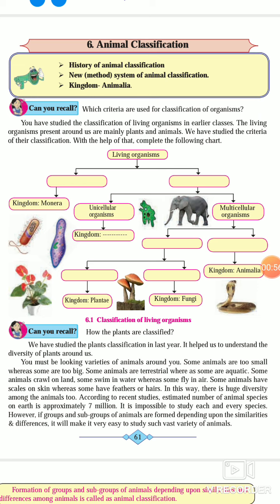So such criteria are used to classify the plants. In this way, we can use the criteria to classify the organisms, including all microbes, animals, or plants, whatever.